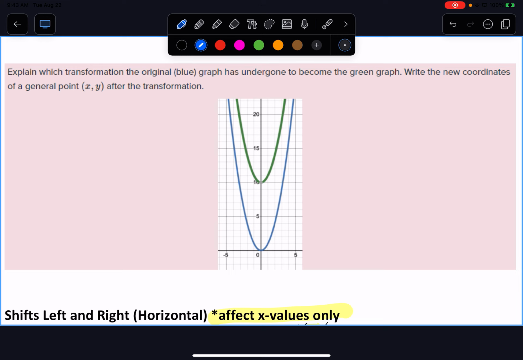Blue goes to green. So the blue graph is my x, y points. What am I doing to those? I'll do it in green to stay consistent. You're plussing 10 to what? Y. So then you'd say x is x, but then we're taking y plus 10, and you just got a problem right on the test. Boom, there it is. Okay, good.